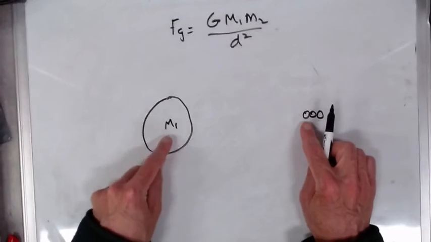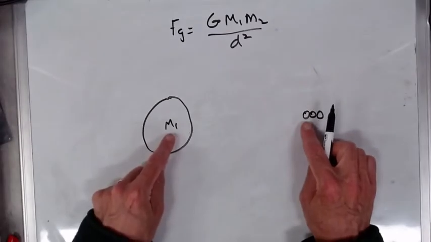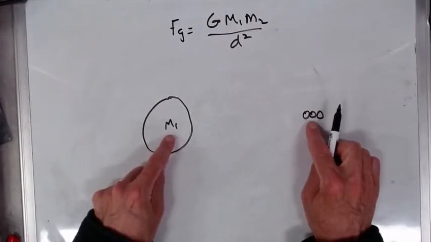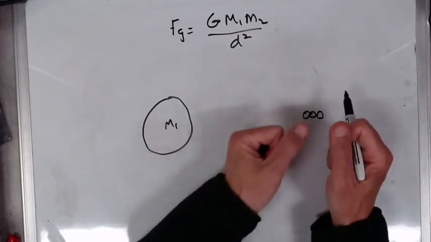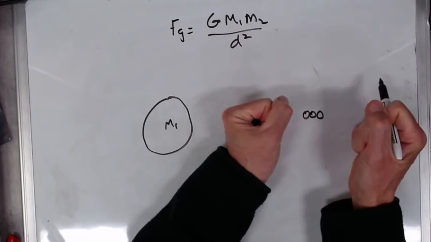And so this planet is going to pull harder on the nearby guy than on the middle guy, and harder on the middle guy than the faraway guy. The effect of that is to pull this piece apart.